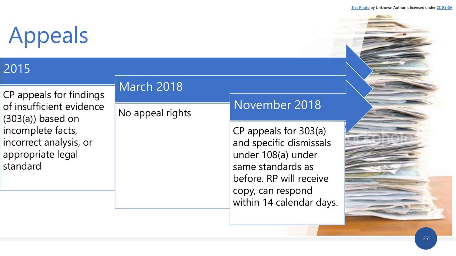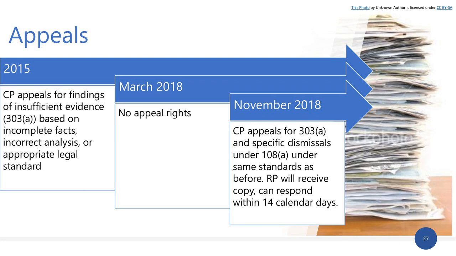And in fact, the administration has given complainants more rights to appeal. They've identified specific examples of dismissals where a complainant can now appeal. And another thing that was changed was that the recipient or the school will receive a copy of the appeal and can respond within 14 calendar days.